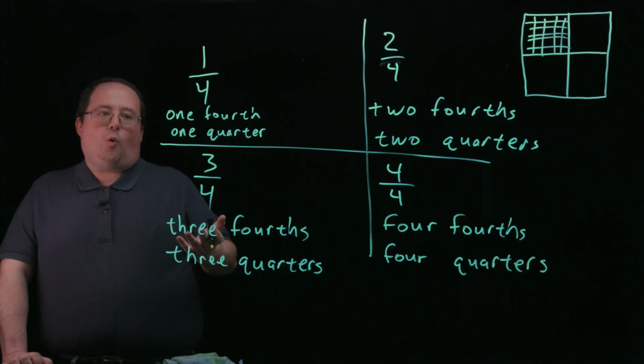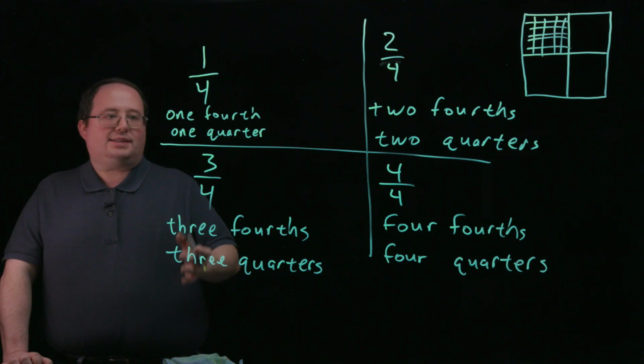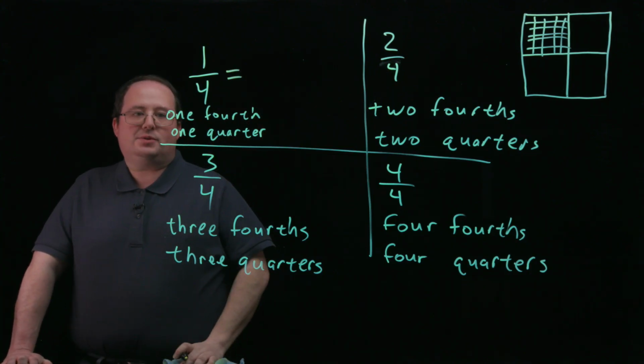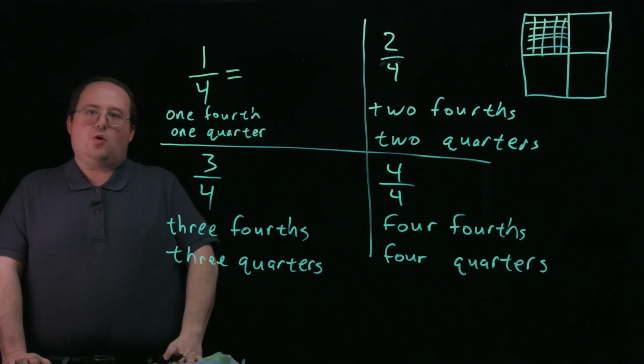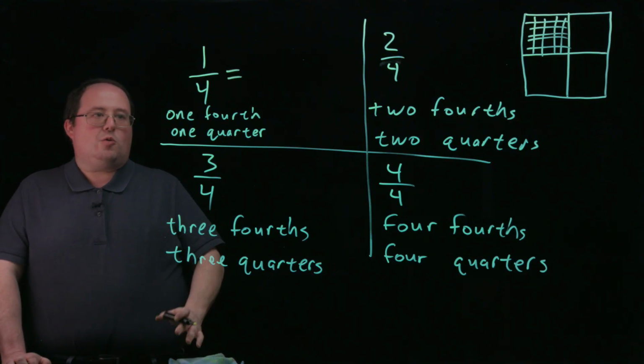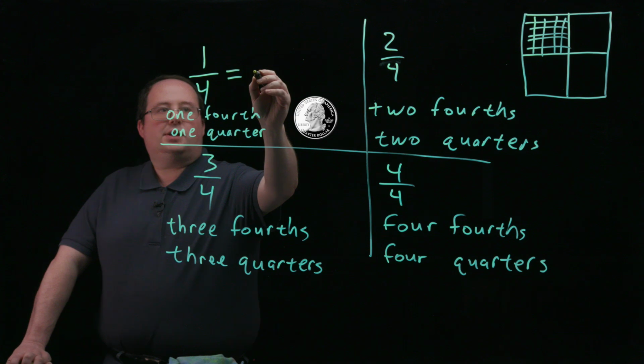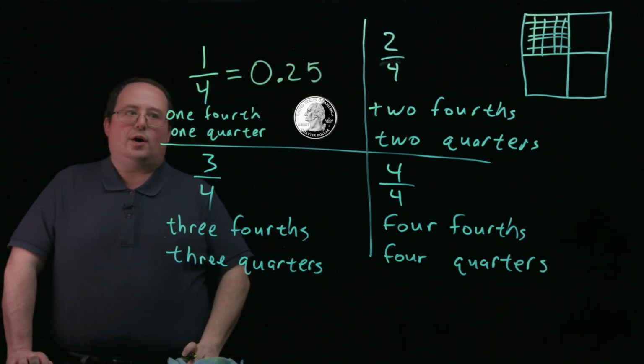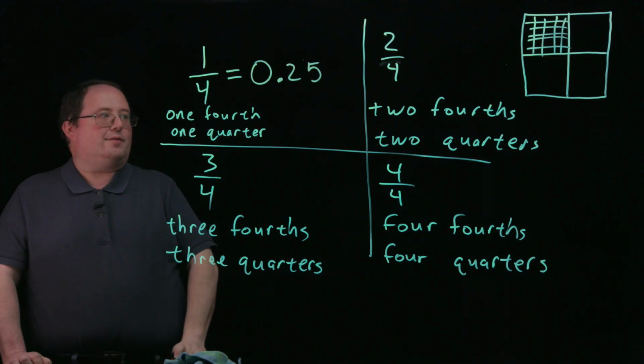Well, so 1/4, or one fourth, it's nice to have the name fourth there because that helps us think about this in terms of money. So if that one whole was $1, well then 1/4 is 25 cents. Or we would say that 1/4 is 0.25.